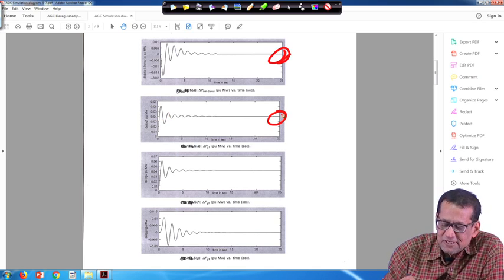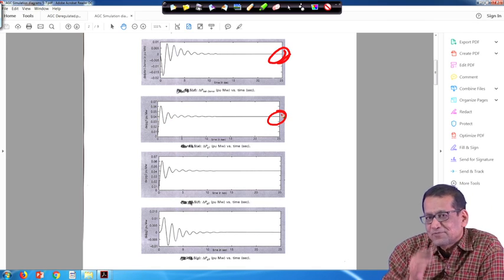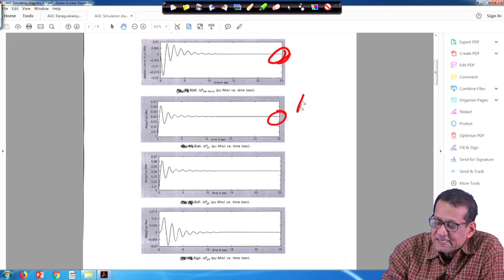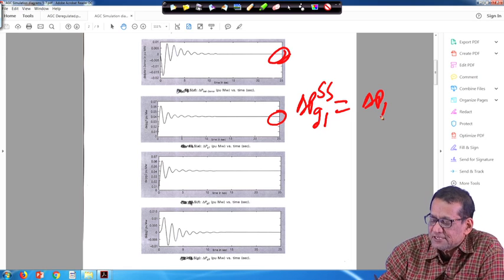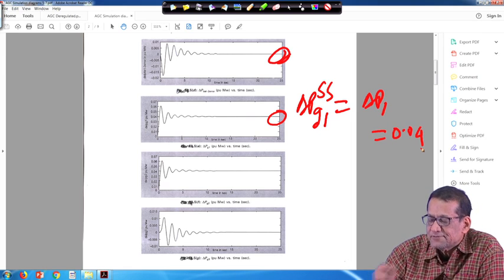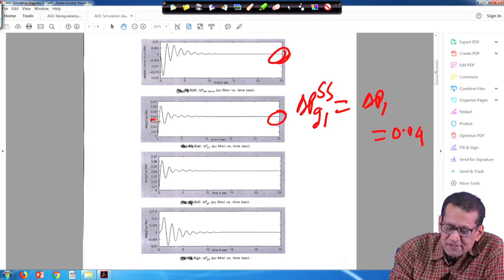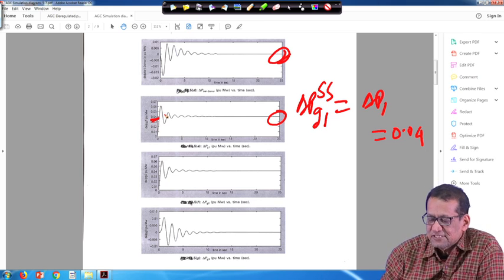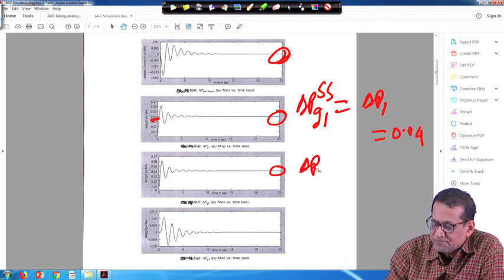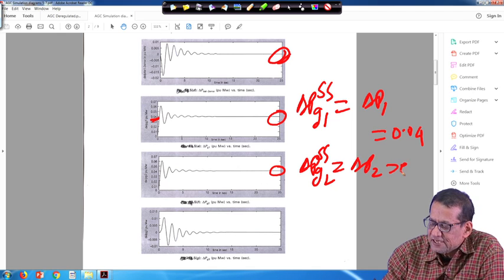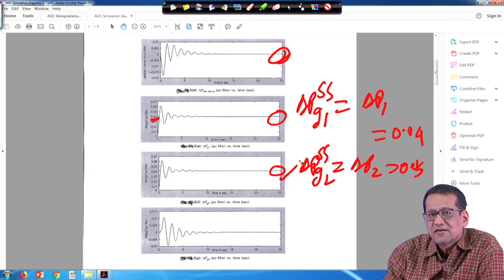At steady state delta P g 1 has to be equal to delta P 1, equal to delta P c 1, and that was 0.04 as we have seen, so it is matching. Similarly, delta P g 2 at steady state is equal to delta P L 2, which is 0.04, so it is matching.